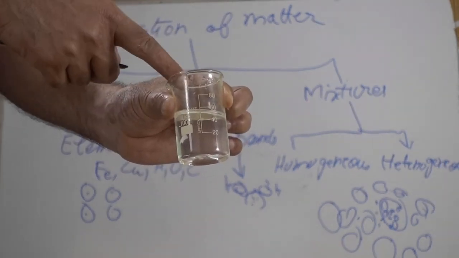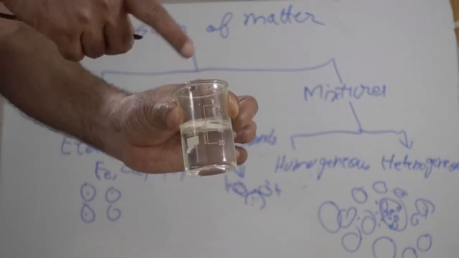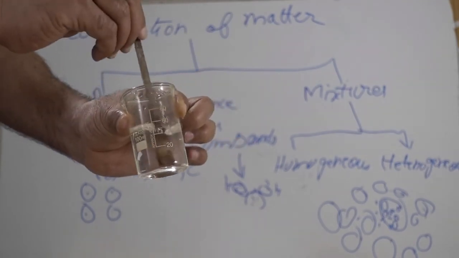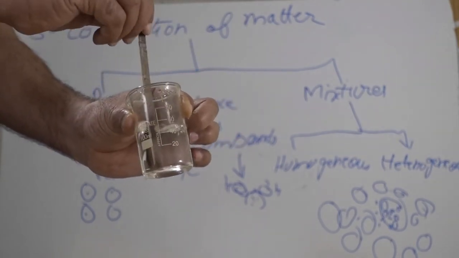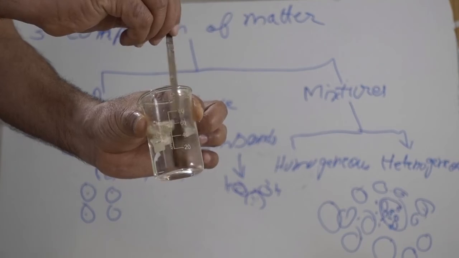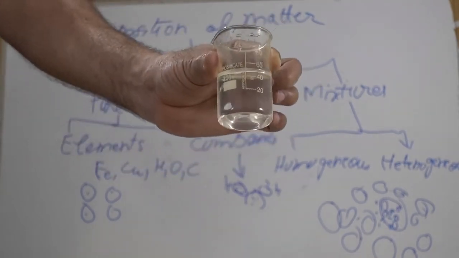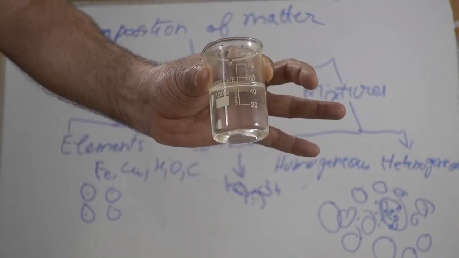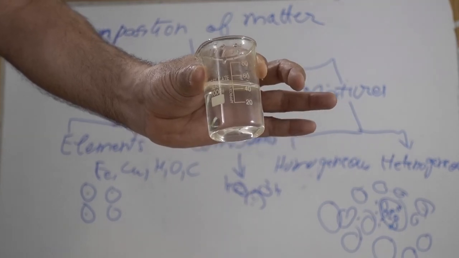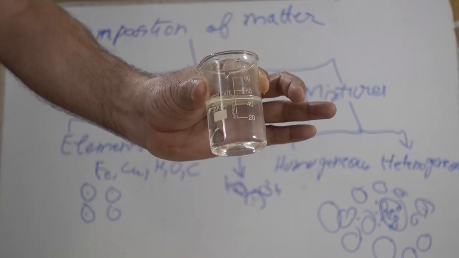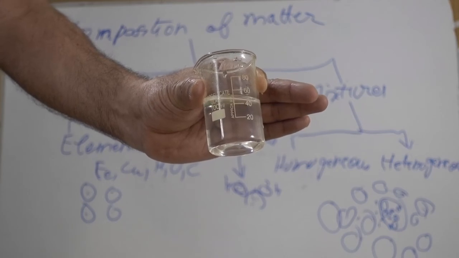The salt dissolves in the water and gets distributed evenly throughout. You can see here that it has dissolved and distributed itself throughout the water. Therefore, it is a homogeneous mixture.